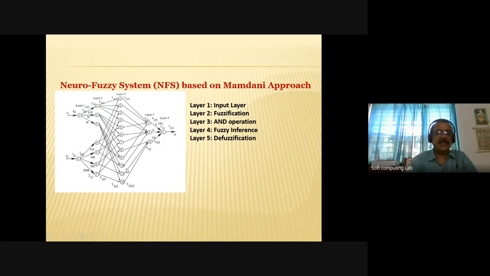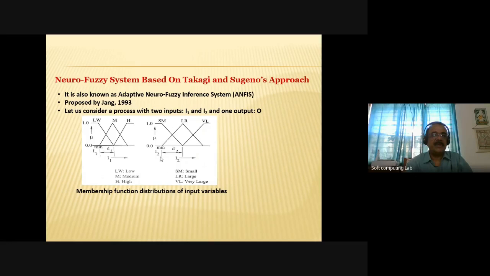Now you train this particular network, ultimately you'll be getting a very efficient, trained neuro-fuzzy system, that is nothing but the fuzzy reasoning tool. And once you get it, you can find out the input-output relationship very accurately. And I've already discussed the Takagi and Sugeno approach of fuzzy reasoning tool.